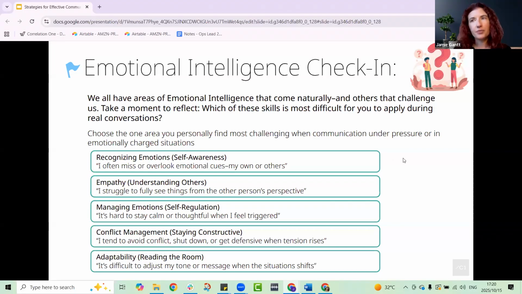Recognizing emotions, so your own emotions maybe, or recognizing others' emotions. Is it empathy, understanding, or seeing things from their perspective? Managing your own emotions, conflict management, adaptability, that could be a tough one. So which one do you find most challenging? Let me know.